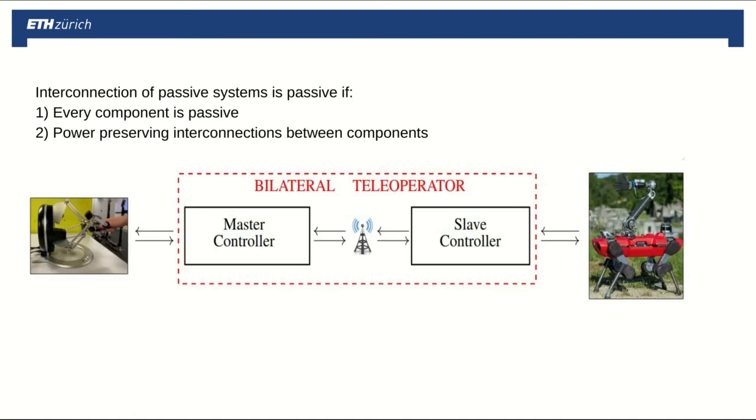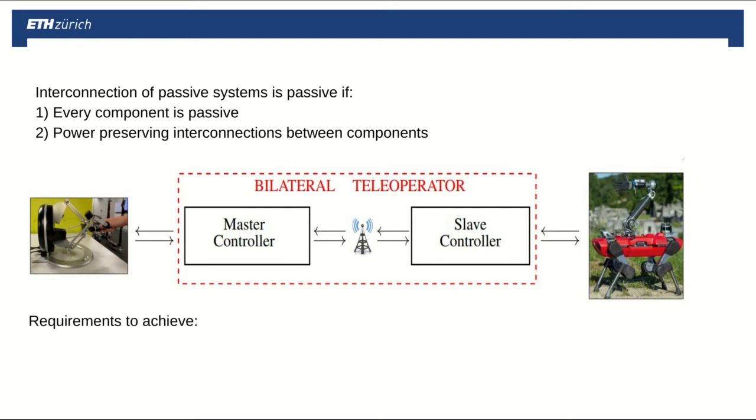If we now take the control loop for our application, starting from the left, we have the master device, the bilateral teleoperator composed of the control unit and the communication channel, and the slave robot. Being mechanical systems, master and slave are passive.